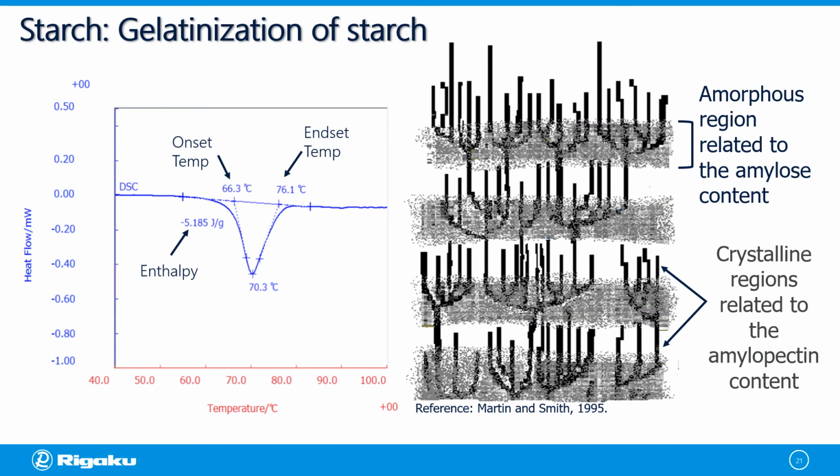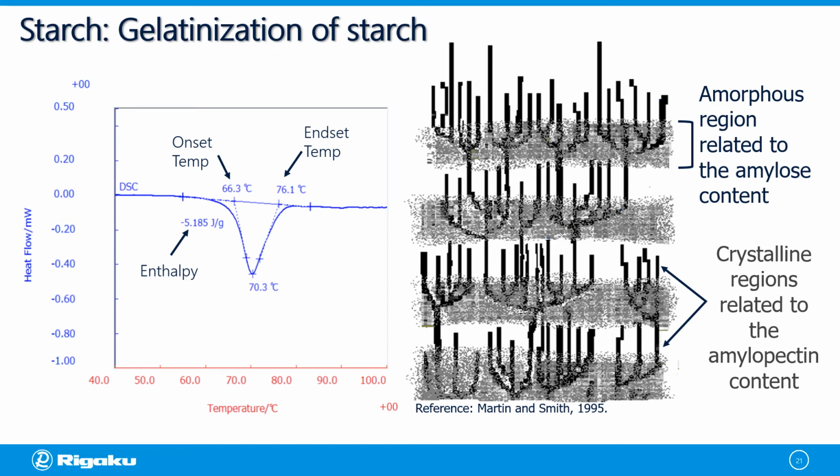In general, starch composition influences its gelatinization behavior, and it differs depending on the botanical origin of the starch granule. The gelatinization onset temperature and the enthalpy increase as the length of the amylopectin chain increases, which is related to the crystallinity of the starch granule.